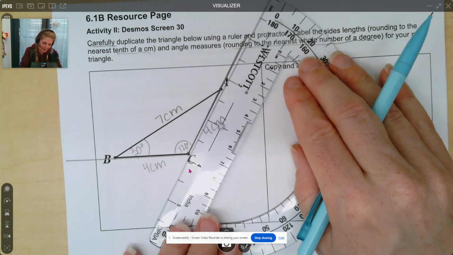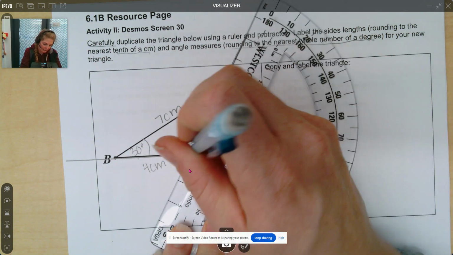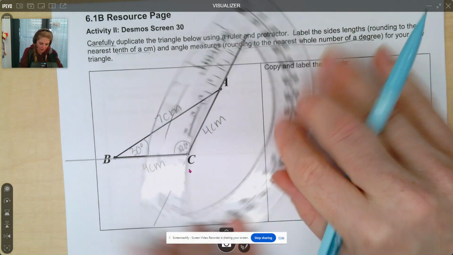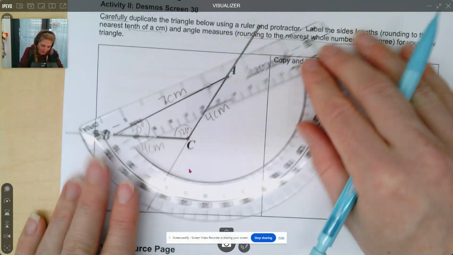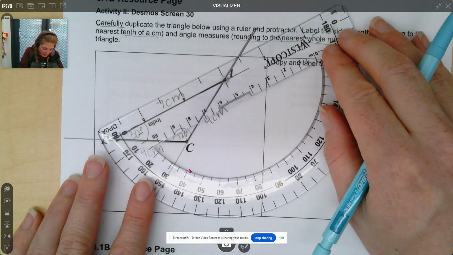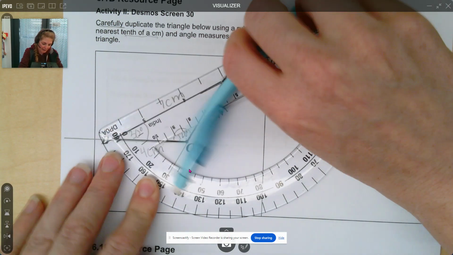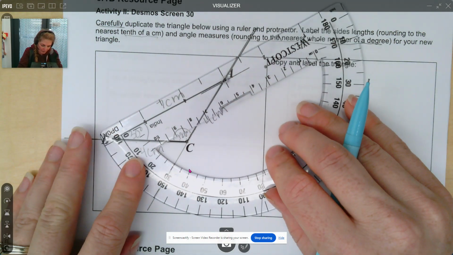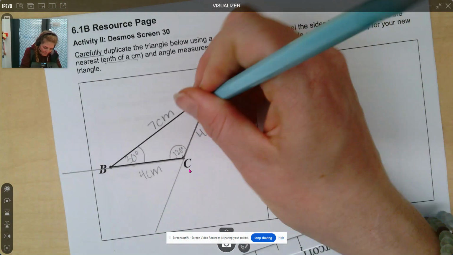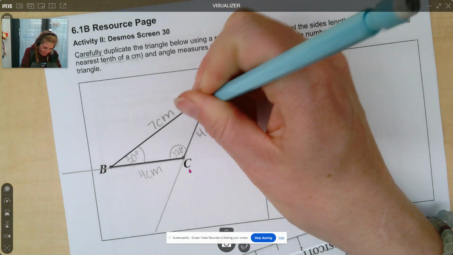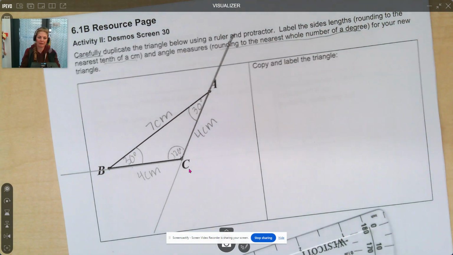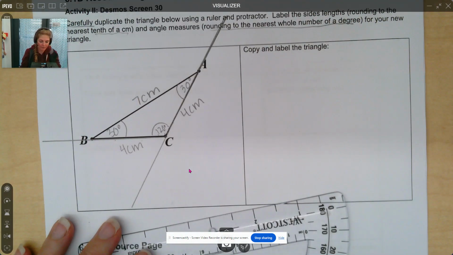Again, you may want to extend the line so it's as accurate as you can get. I'm lining up my zeros, measuring AB to AC, and yeah, 30 degrees. It adds up to 180, so we know we did a great job so far.